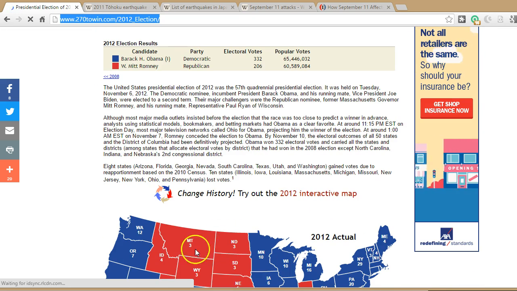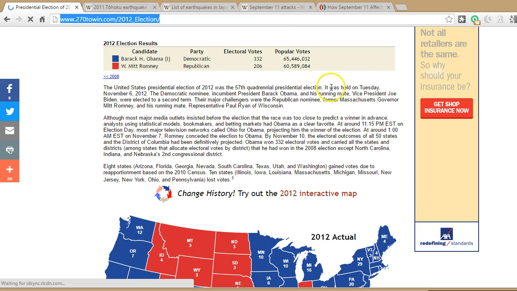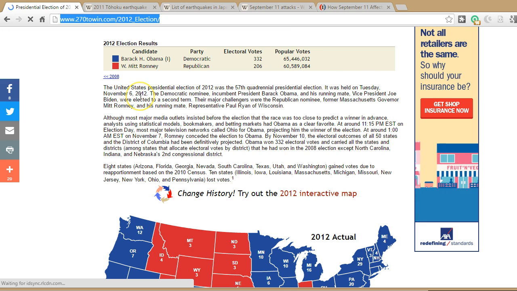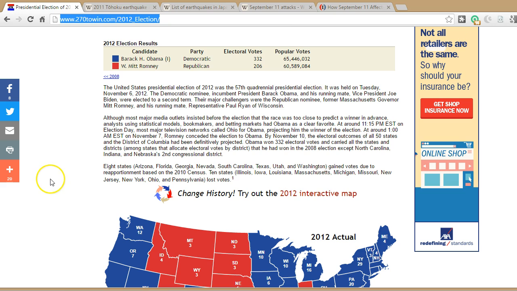This with interactive maps, different votes in different states. So this tells us that the elections in 2012 were held on the 6th of November 2012. So the 6th of November 2012 gave us a Tuesday.